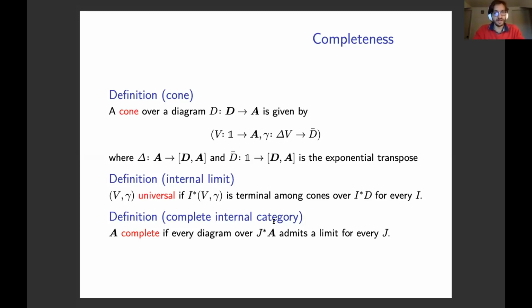And this definition, which is forced to be stable under pullback, is called strong completeness, as opposed to a weaker form of completeness that makes sense from the external point of view, but is not stable under pullback, and so it doesn't make much sense from the point of view of the internal language of the ambient category.